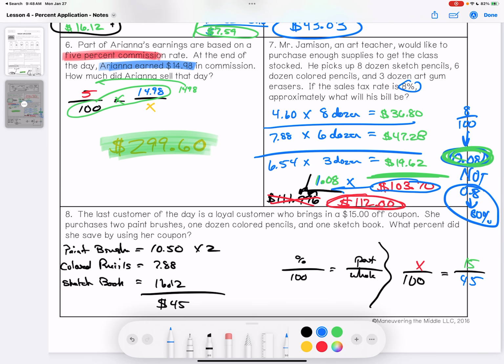So now all we're going to do, 100 times 15 divided by 45. And you get 33 repeating. Remember, we're talking about percent, so we need to put it as a percent.